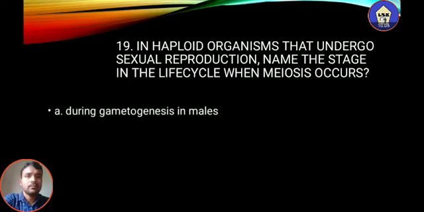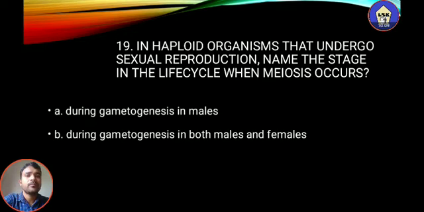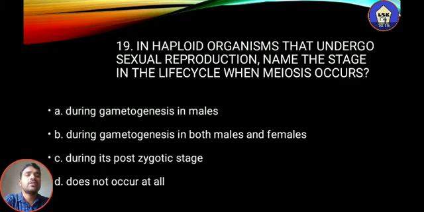Option A, during gametogenesis in males, option B, during gametogenesis in both males and females, option C, during the post-zygotic stage, option D, does not occur at all. What about the right answer? During gametogenesis in a haploid organism, that means during gamete production, mitosis takes place. A is wrong, B is wrong. Does not occur at all.